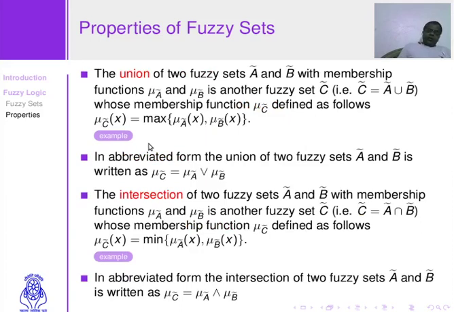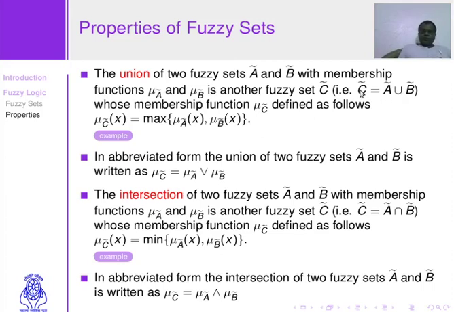Another important property is the union of two fuzzy sets. We write the union of two fuzzy sets in the same way as we write the union of two classical sets, with the help of the same symbol, that is a cup.